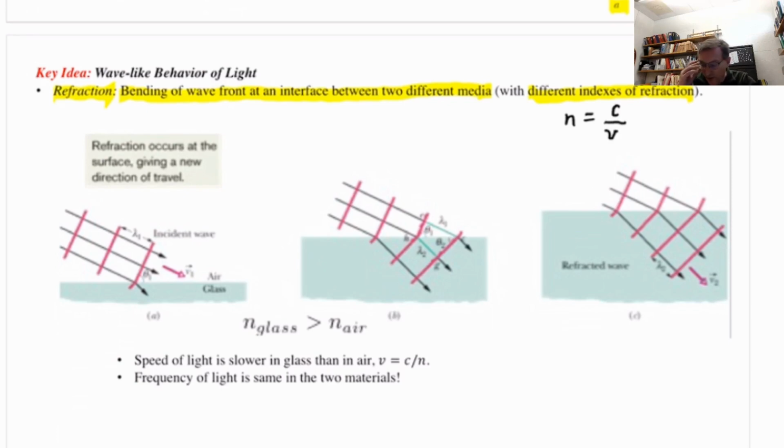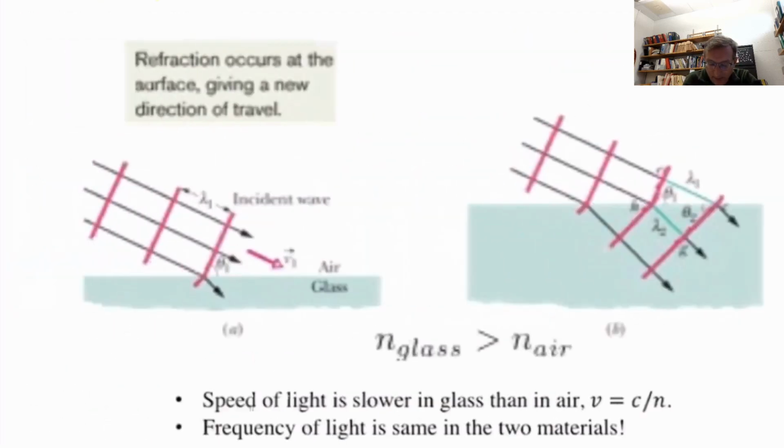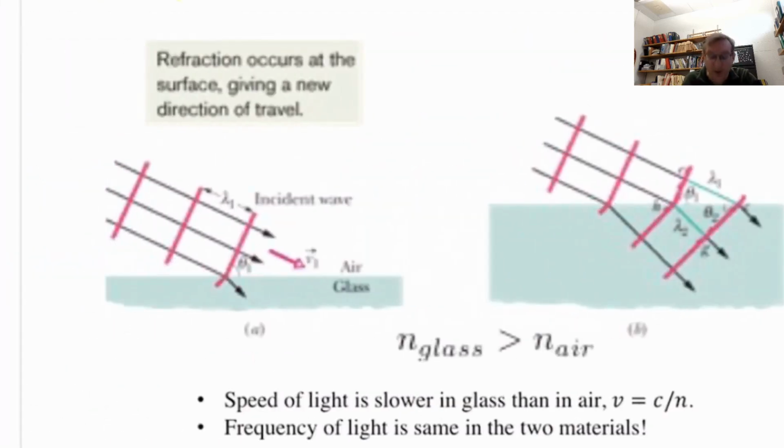All right, let me show you how we can use Huygens' principle to understand refraction and the law of refraction. So I've got a picture here. It's a little bit hard to see. I'll expand it a little bit. And what it shows initially is light, thought of as a wave, incident at an angle on an interface between air and glass.